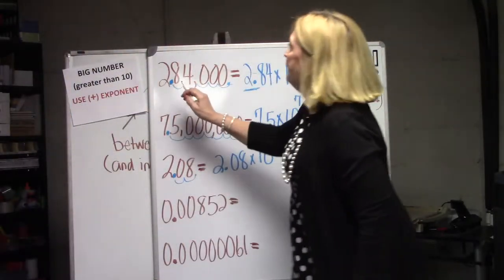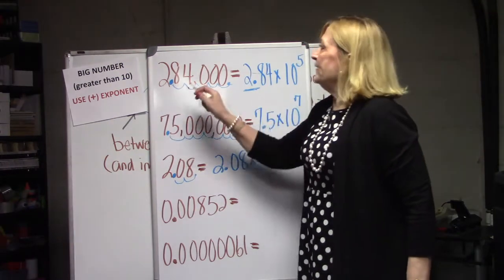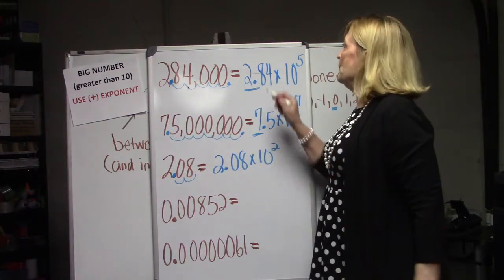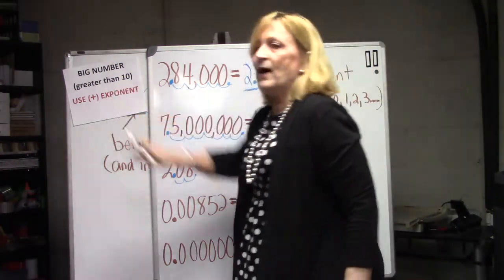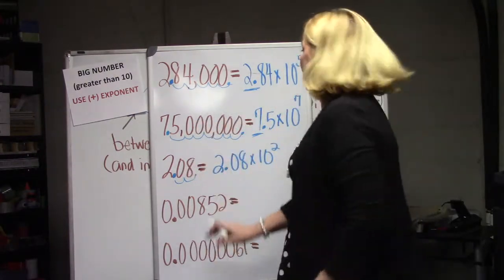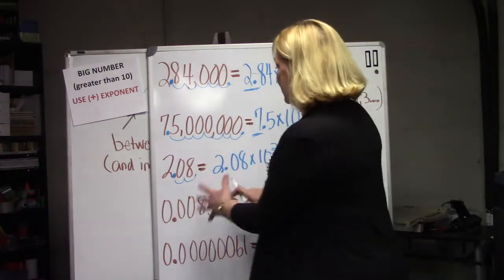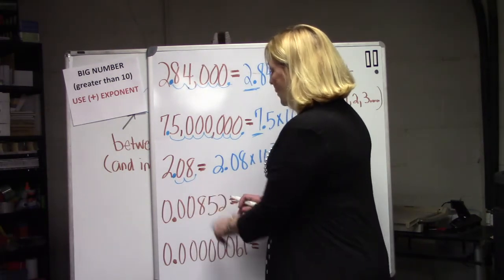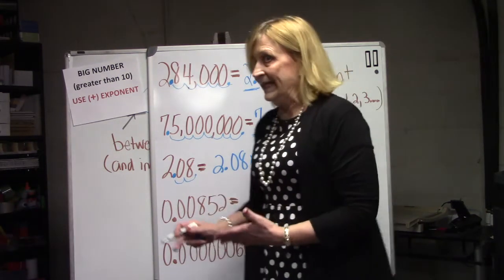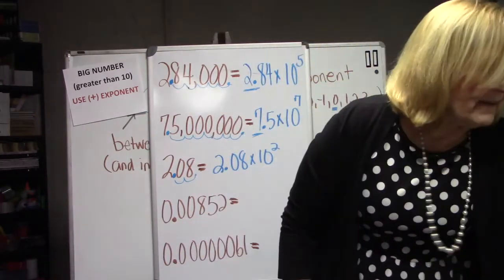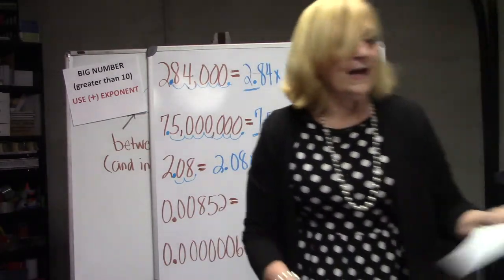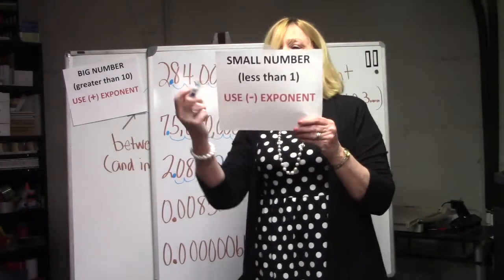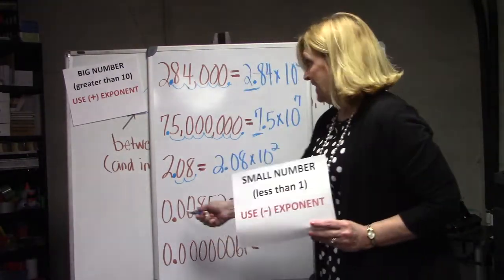So when I take a big number, like 284,000, and take it down to 2.84, I used a positive exponent. So take a wild guess what's going to happen when I take a small number. And of course, I need to move my decimal point again, because I need that first number to be between 1 and 9. So a small number, that's less than 1.